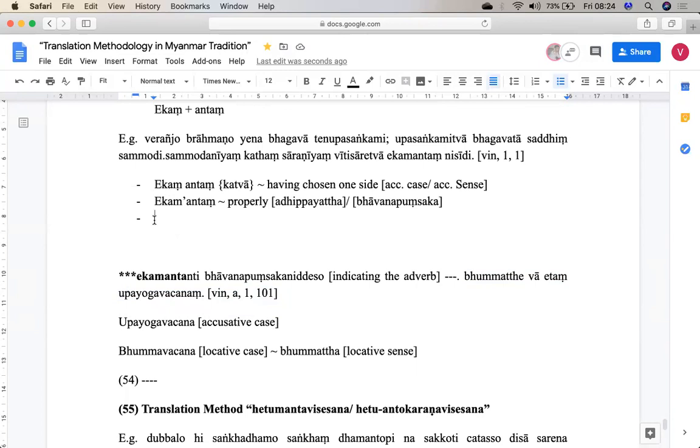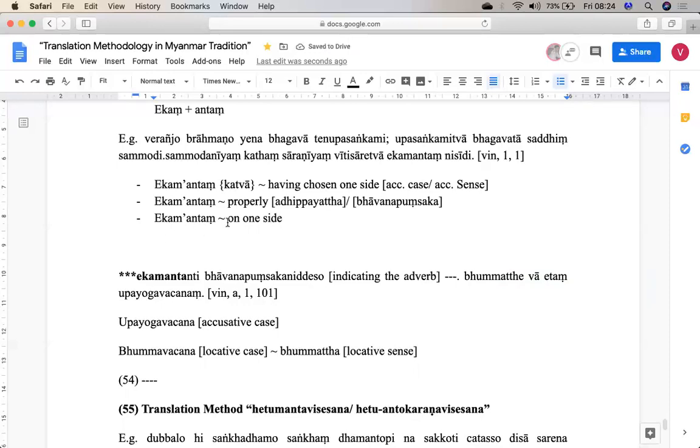Here also, eka mandan or ekan, and then, on one side.